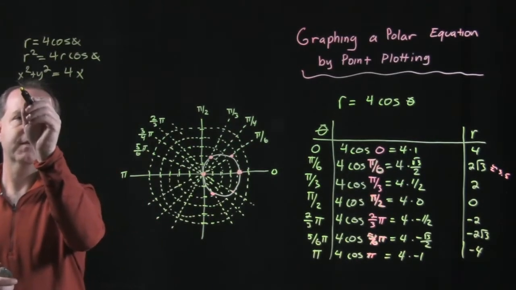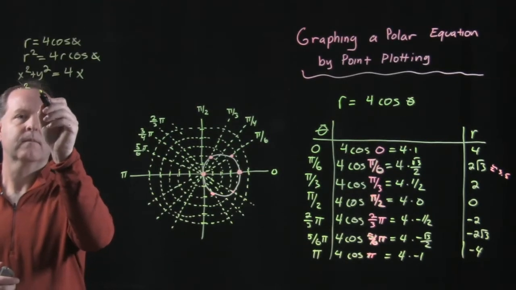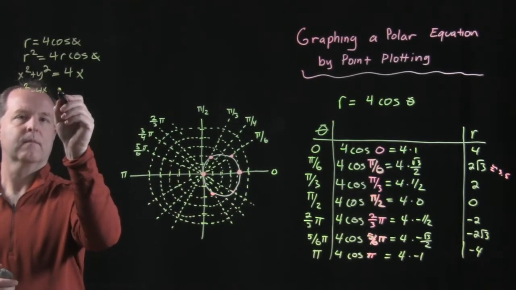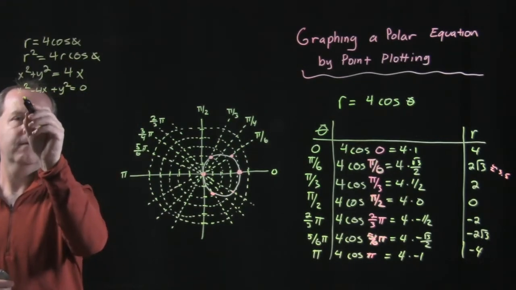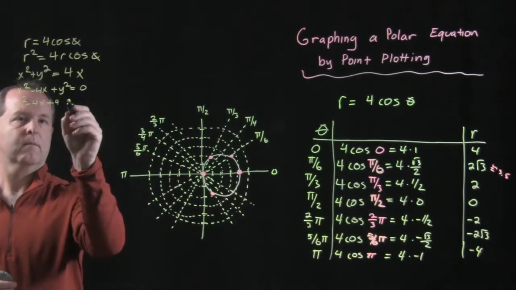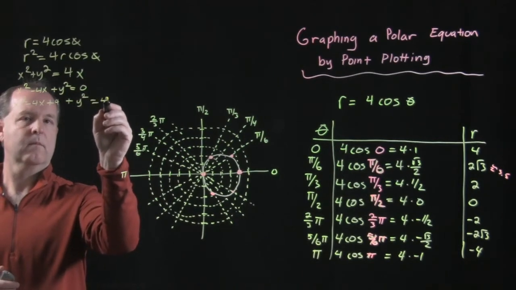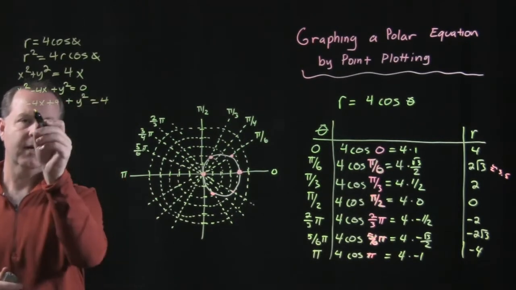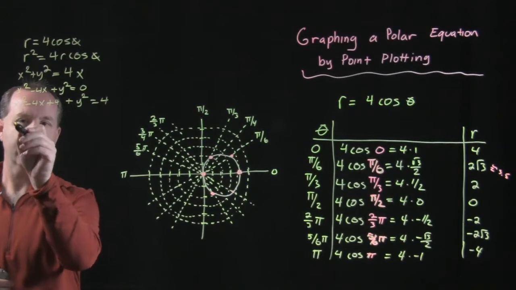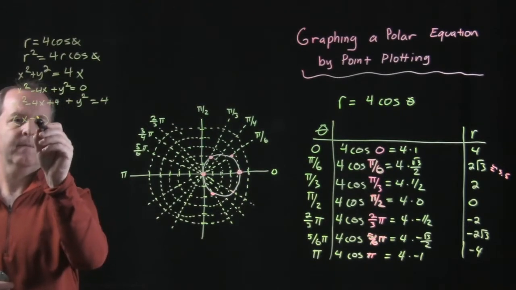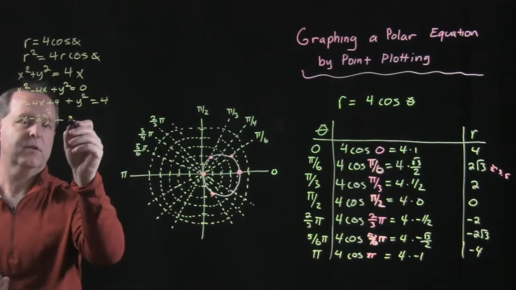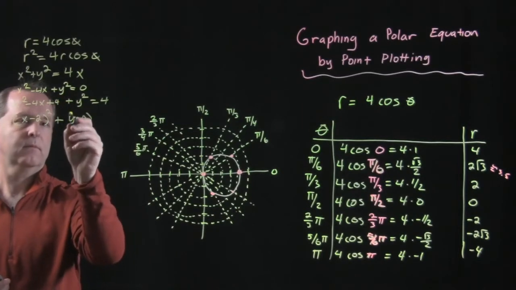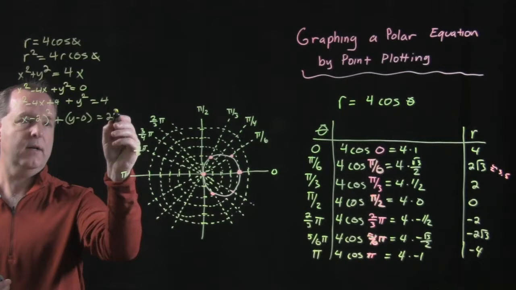Let's work this down a little bit further. Let's subtract 4x from both sides. We're going to complete the square, because then I can form a perfect square, which is x minus 2 squared, plus y squared, which is still y minus 0 squared, equals 4, which is 2 squared.